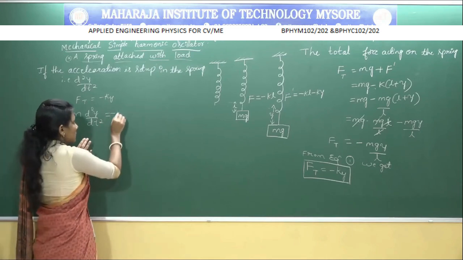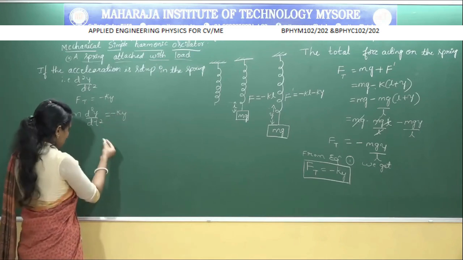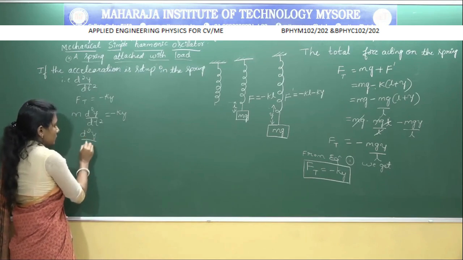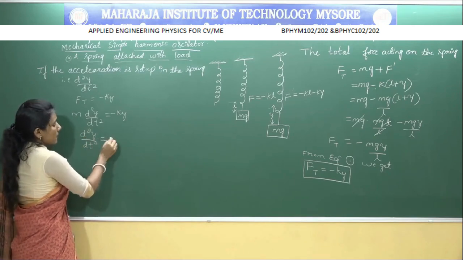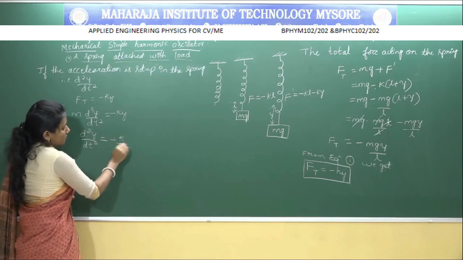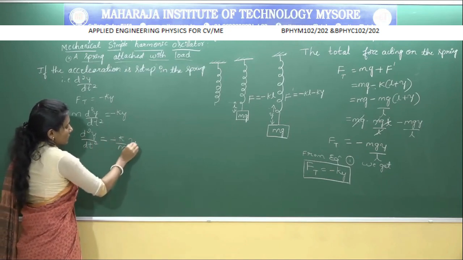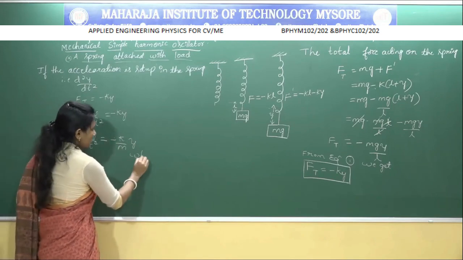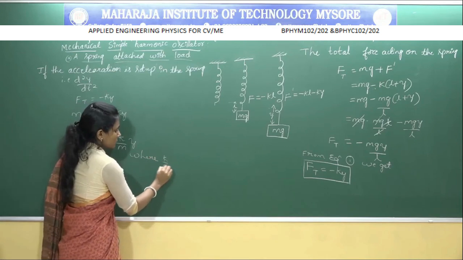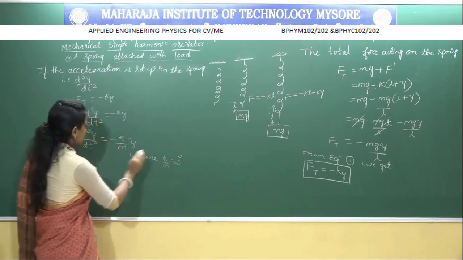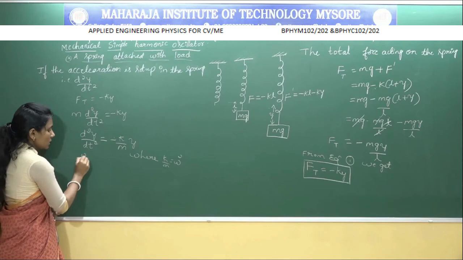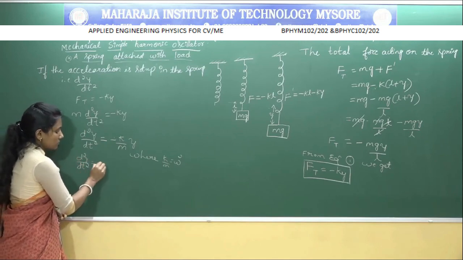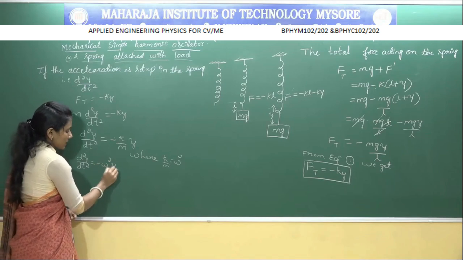Then we get minus ky. Divide this equation by m, then we get minus k by m into y, where k by m is equal to omega square. Then this becomes d square y by dt square is equal to minus omega square y.